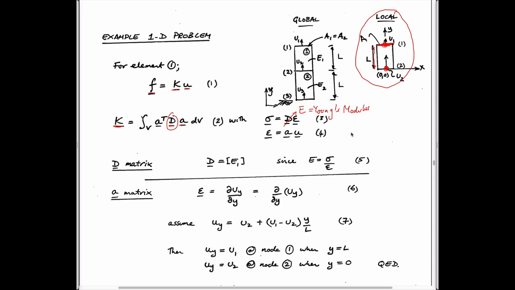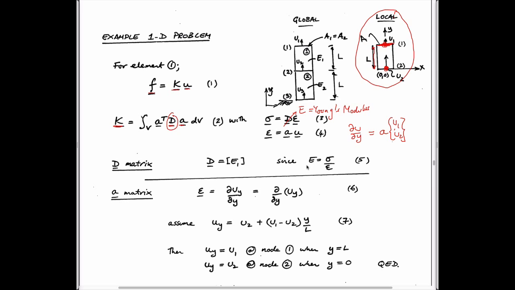And in this particular case, the strain displacement matrix would be that the strain du dx, du dy, I guess in this case, y is the direction, is equal to some operator multiplied by u1 and u2. These are the nodal displacements.